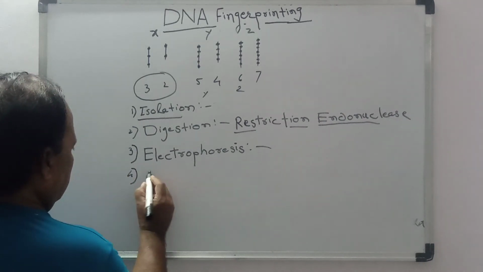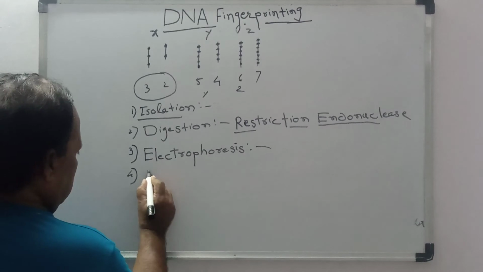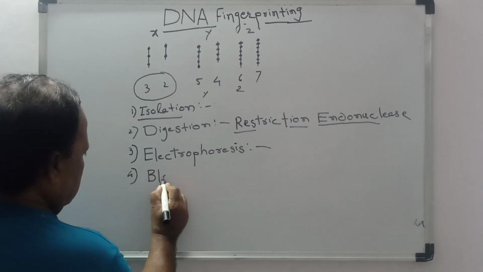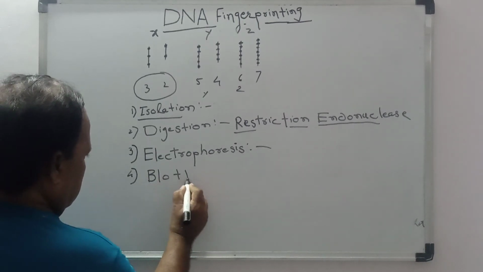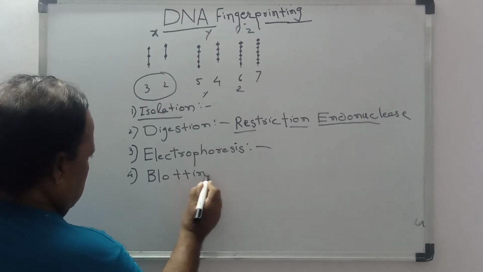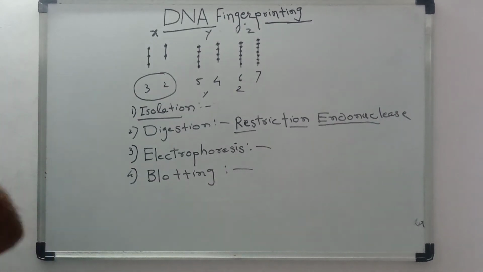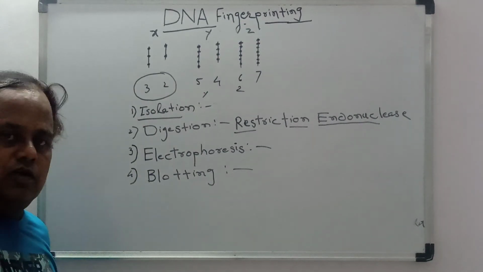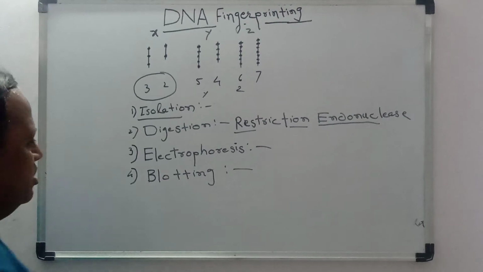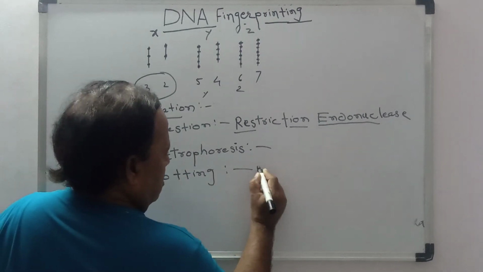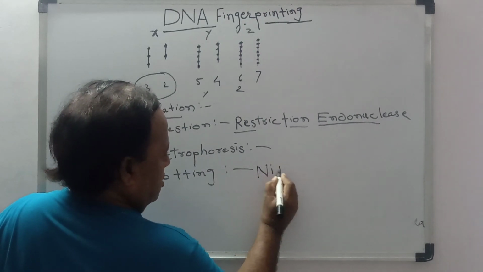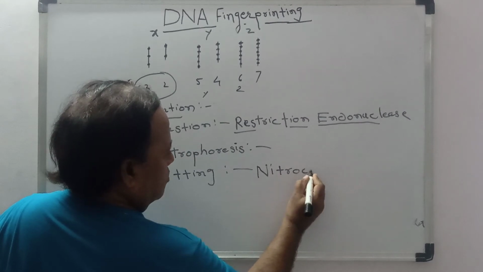Now after electrophoresis, the process of blotting is done. In blotting, the DNA fragments are transferred onto nitrocellulose paper.